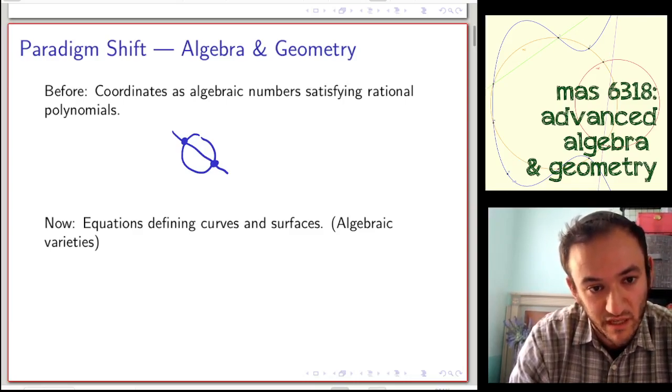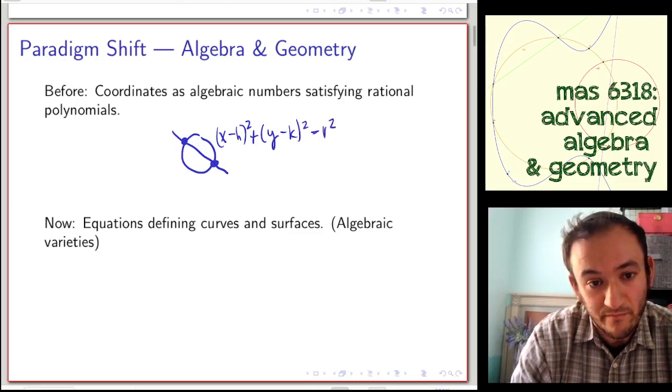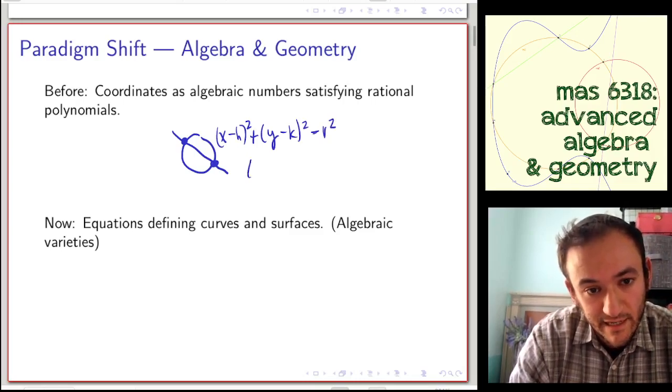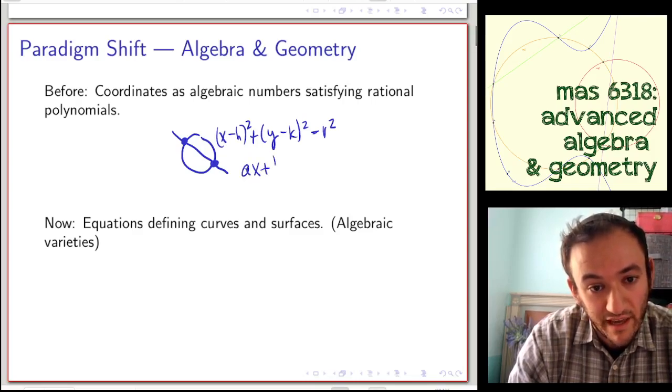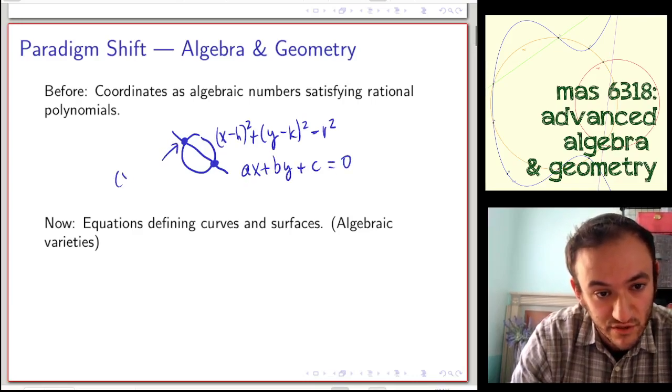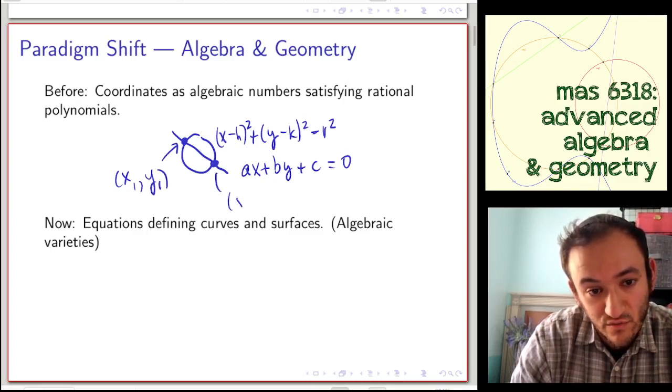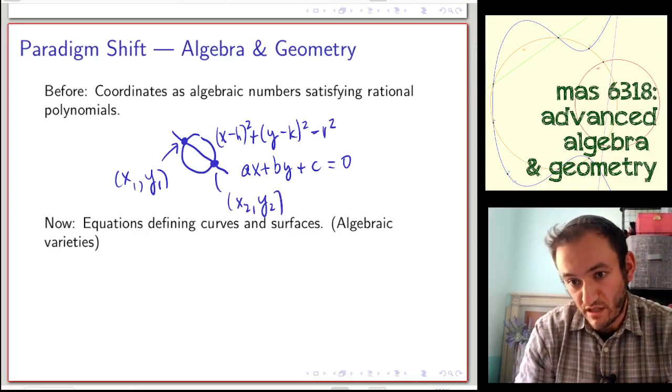This might have been (x − h)² + (y − k)² = r², together with ax + by + c = 0, and then you could solve and find two solutions, (x1, y1) and (x2, y2), and those would satisfy these two equations.